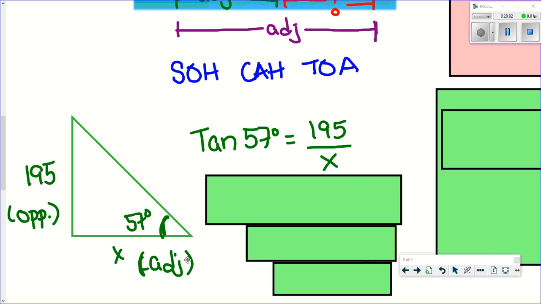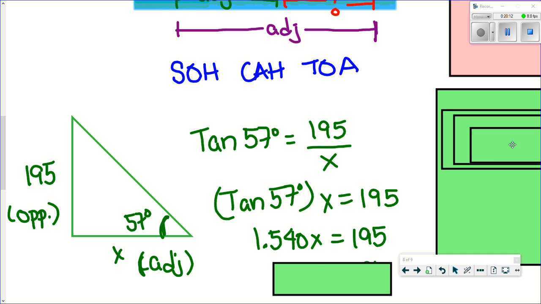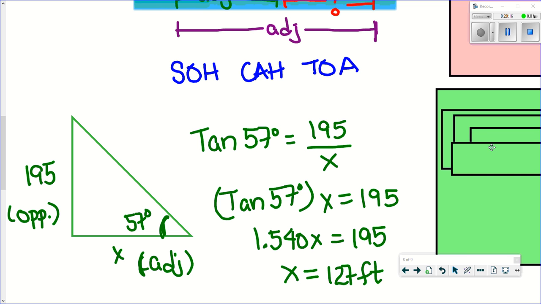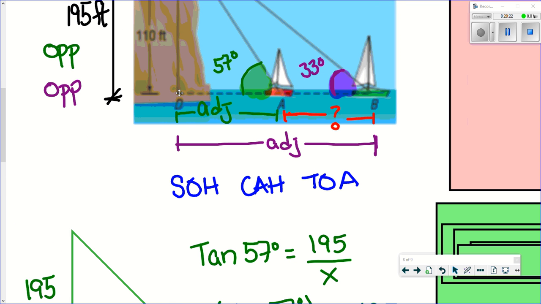So we have tan 57, and we set up the ratio opposite over adjacent. We cross multiply. Then we find the value of tangent 57, which will give us 1.540. And then we solve for x, which will give us 127 feet. So that means from the base of the cliff to boat A is going to be 127 feet.